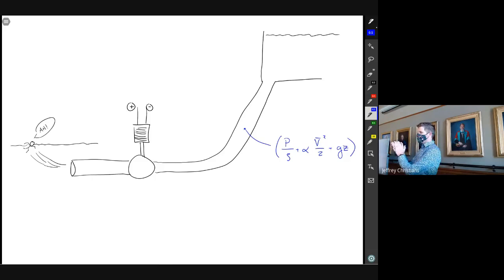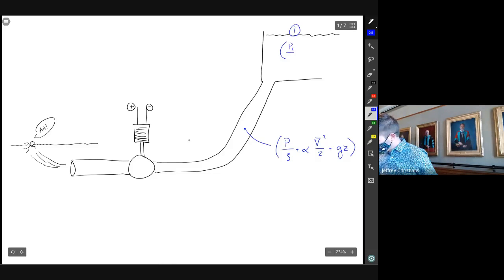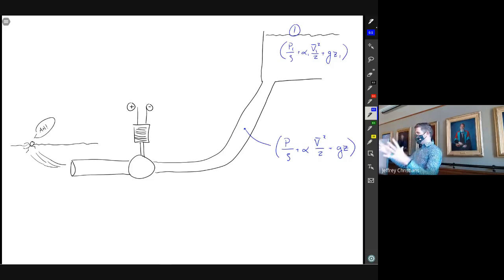Then we're characterizing the changes in energy between one point and another because something happened. For example, if we start up here at 1, how much energy do we have at 1? Well, it's going to be P1 over rho plus alpha 1 V1 squared over 2 plus g Z1. Now some of those might be 0, but we can track all of the energy that we have at 1.